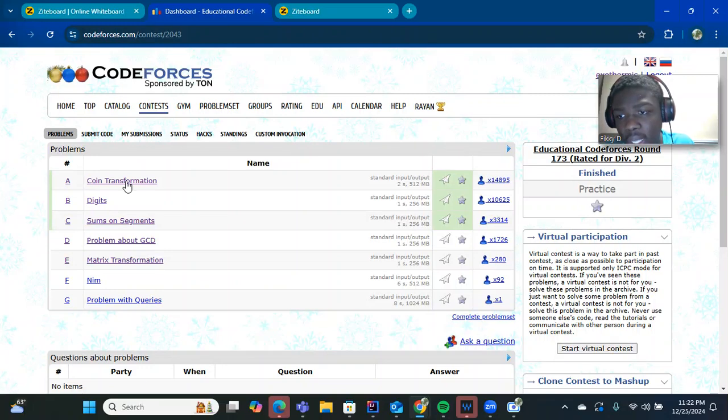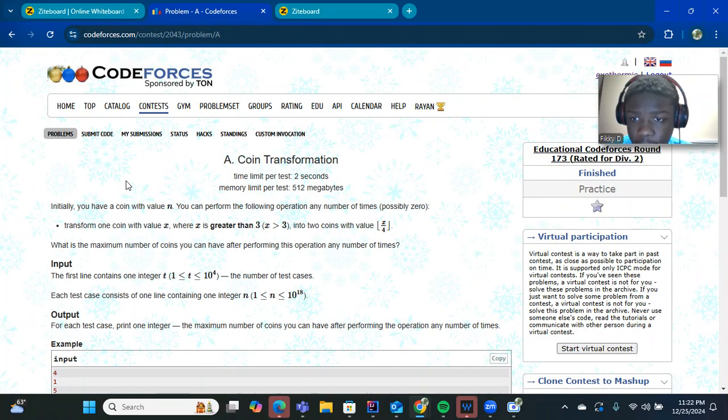So problem A was a fairly simple question. The idea is that you have a coin with some value and you can split it into two coins as long as the value is greater than 3. We want to say how many coins you can get from this.